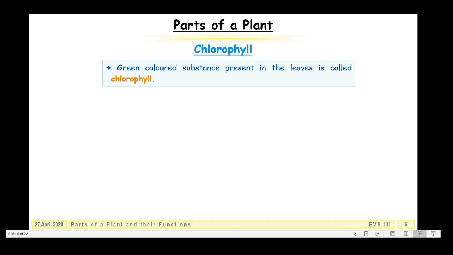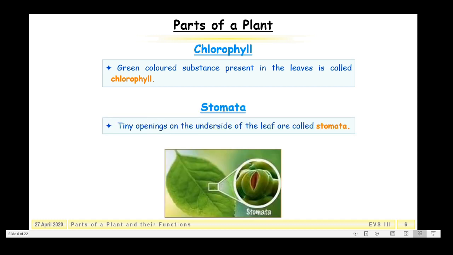That means the leaves are green because of the presence of chlorophyll in them, right? And then we have stomata. Tiny openings on the underside of the leaf are called stomata. And we know that stomata help in the exchange of gases. They help the plants to breathe, right?